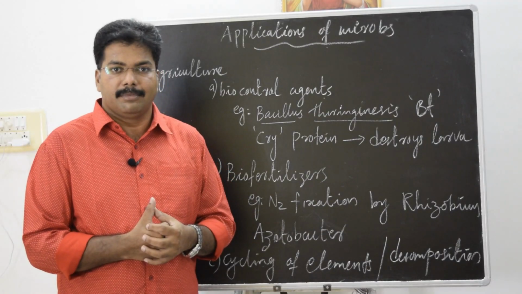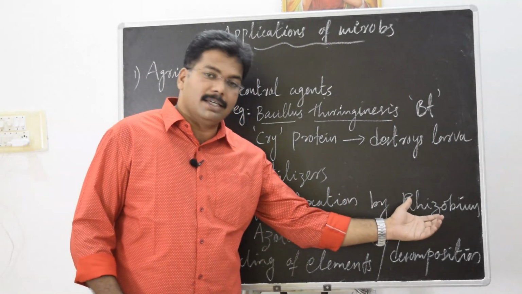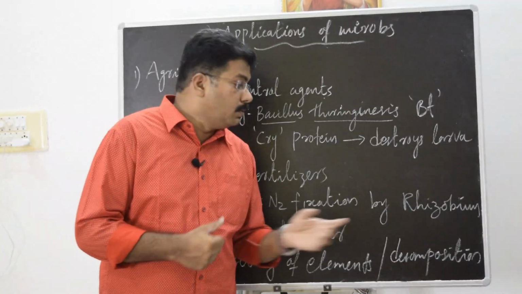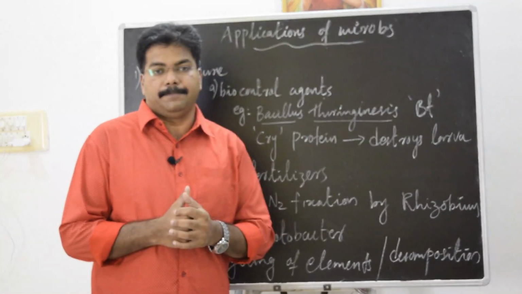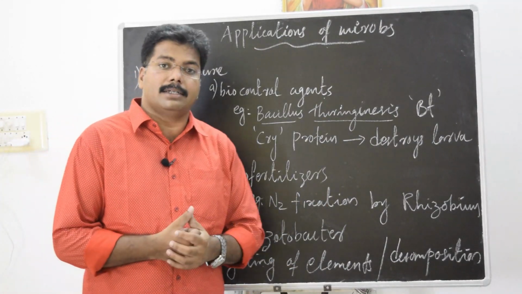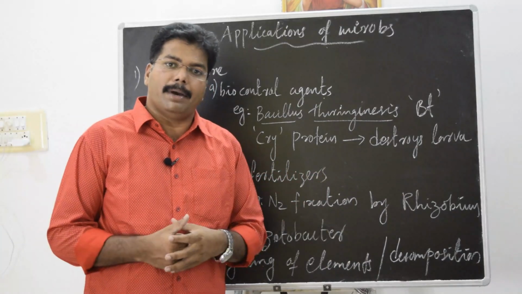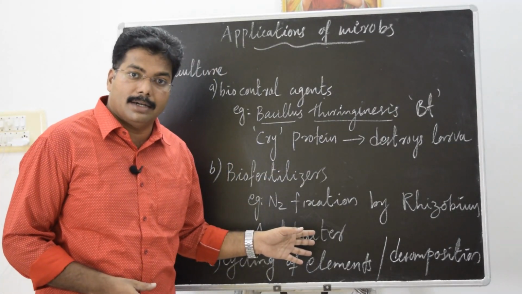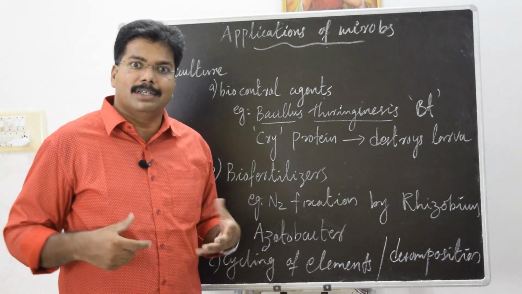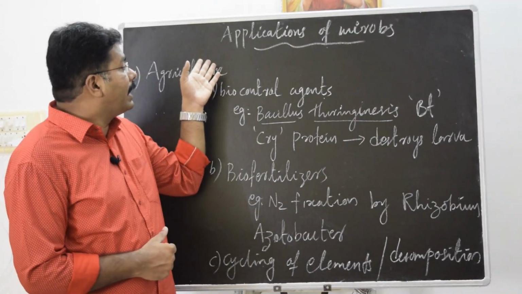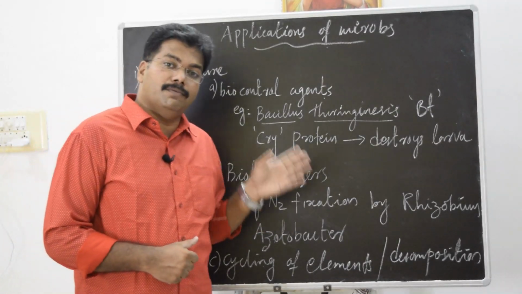For example, Rhizobium bacteria will convert it by staying along with the root nodules of pea plants. And some free living bacteria like Acetobacter, which is present in free living form in the soil, can also fix the atmospheric nitrogen, so the soil becomes fertile. So this is the second use of microbes, that they can be utilized as biofertilizers.